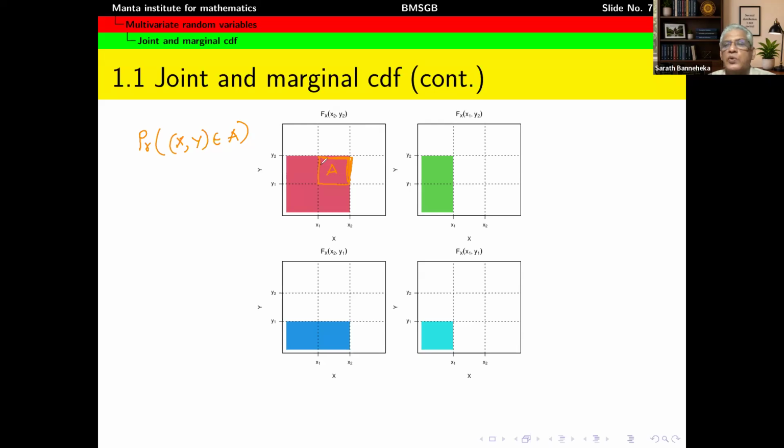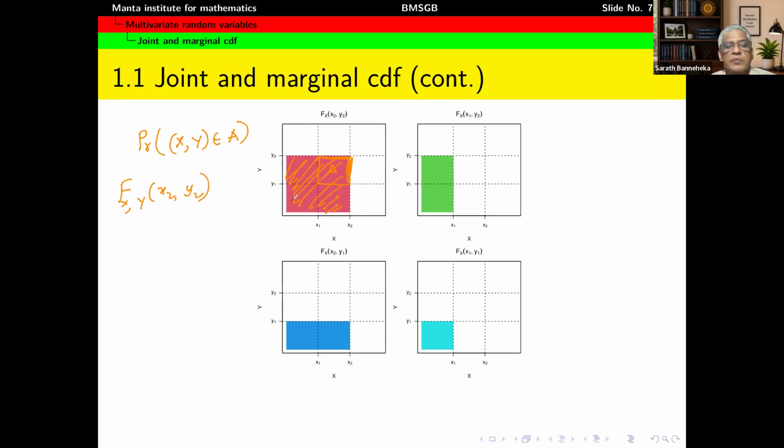That means less than or equal to x2 and y2: the probability that X is less than or equal to x2 and Y is less than or equal to y2. So that whole area is given by the cumulative distribution function at x2, y2.